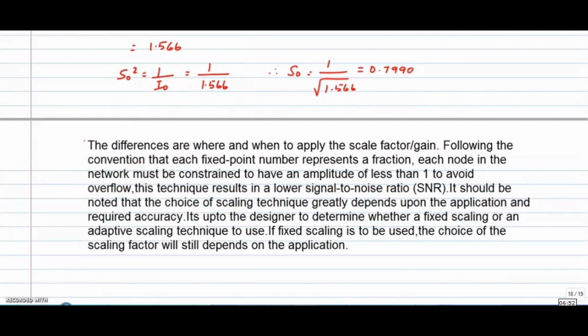It should be noted that the choice of scaling technique generally depends upon the application and the required accuracy. It is up to the designer to determine whether fixed scaling or adaptive scaling must be used. If you use fixed scaling, the choice of the scaling factor will still depend on the application.